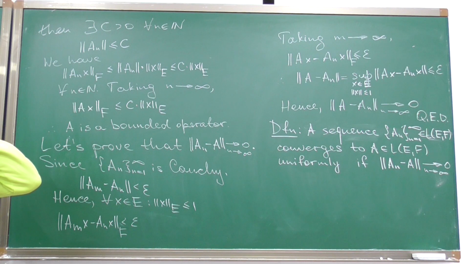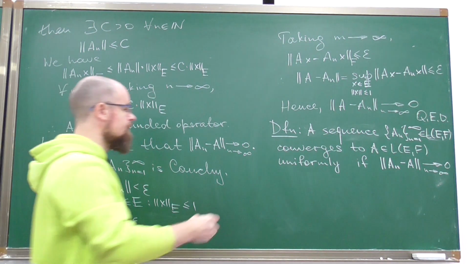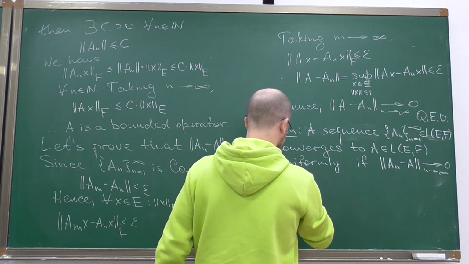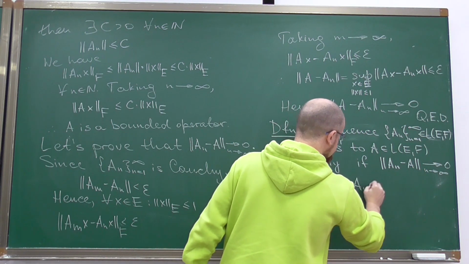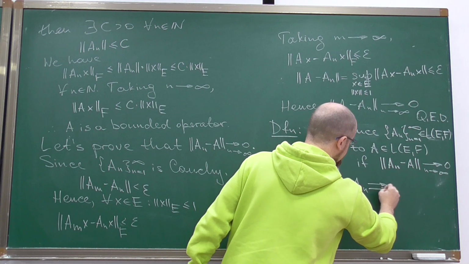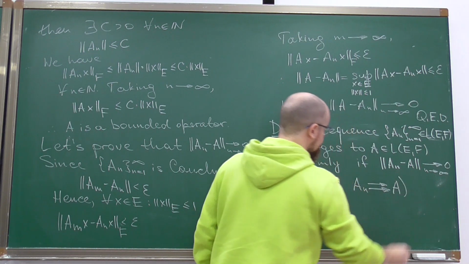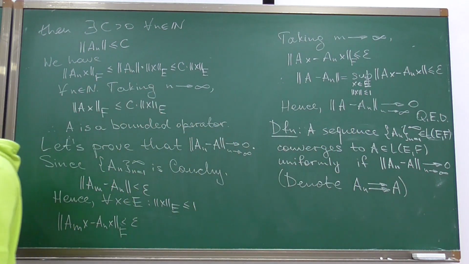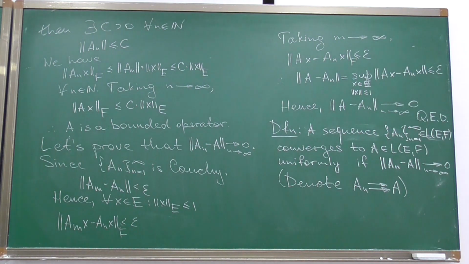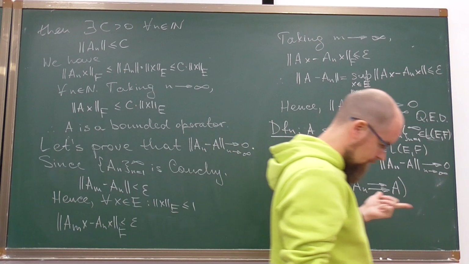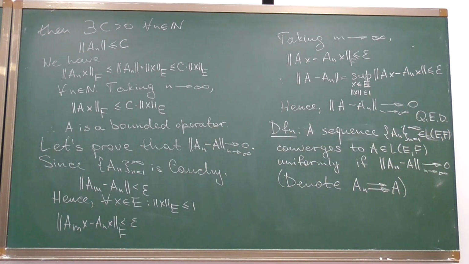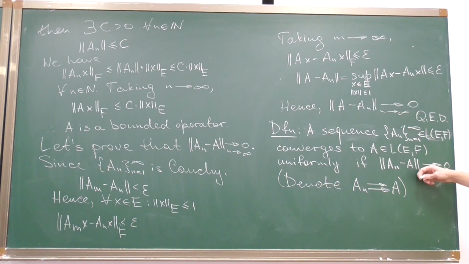So in some cases we will denote it A_n with two arrows to A. So it converges uniformly. Why do we call this convergence uniform? It's natural to call it a norm convergence or convergence in norm.